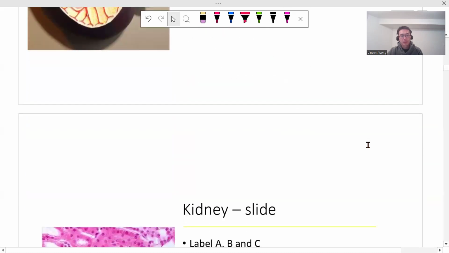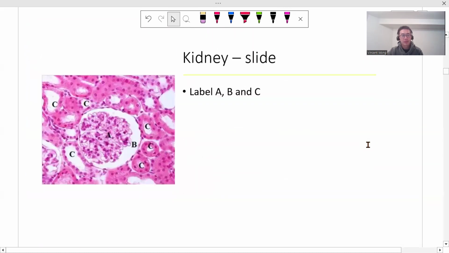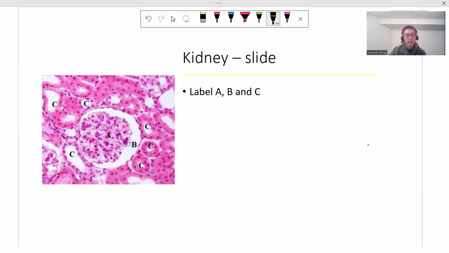Okay, there's the microscope slide. Don't forget to study the microscope slide for lab 1 and lab 2. They will be on. So label A. Okay, like what are we even looking at here? Well, this is this A over here, this whole thing. That is actually glomerulus.